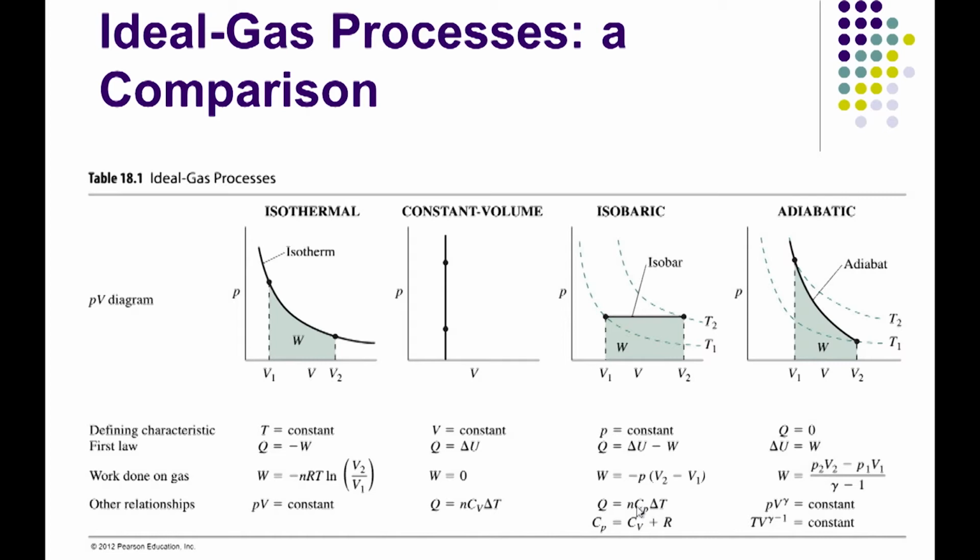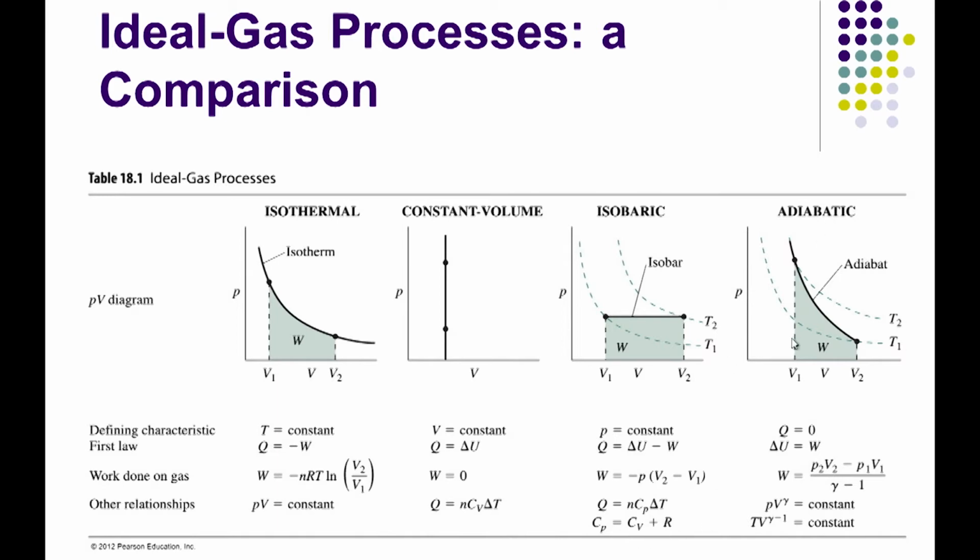As we know, specific heat is different for constant volume Cv and constant pressure Cp. With this isobaric process you can relate Cp and Cv: Cp, the specific heat at constant pressure, is equal to Cv plus R.